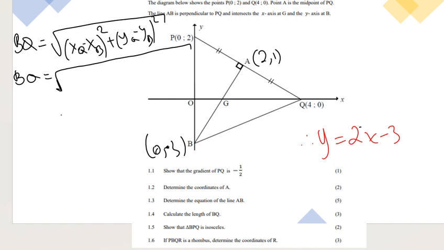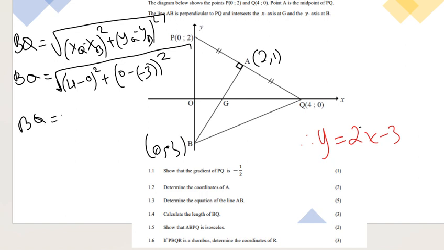So xq is the same as 4 minus, then xb is 0, squared, plus yq is the same as 0 minus, then yb is the same as negative 3. So use the bracket, say minus into minus 3, then you square that.